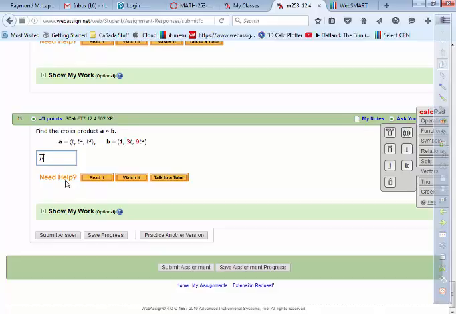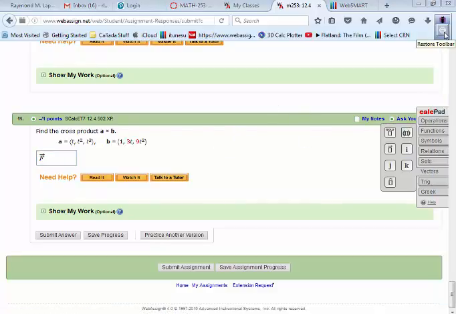So if you just want to do a vector as part of your answer in your homework, then make sure you take advantage of these little buttons over here. Yeah, there's actually an option right there to do bold.